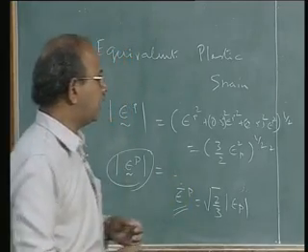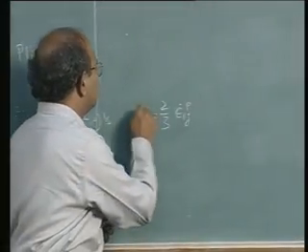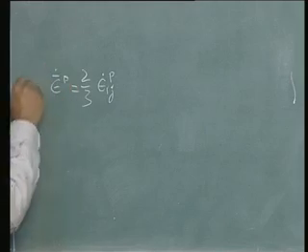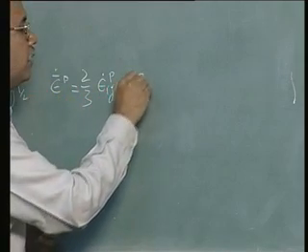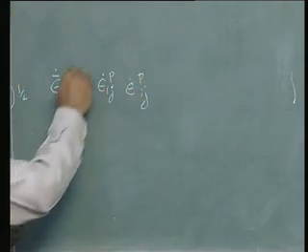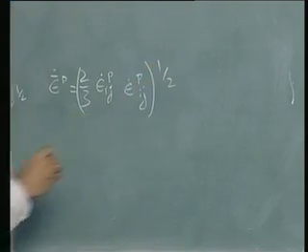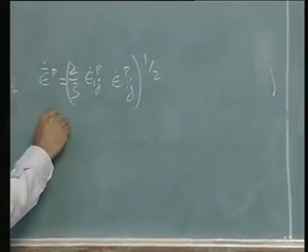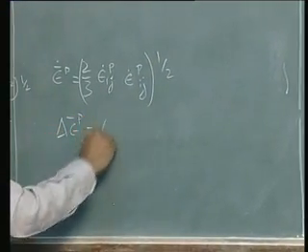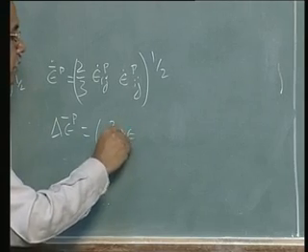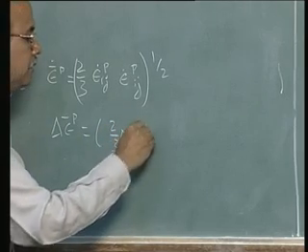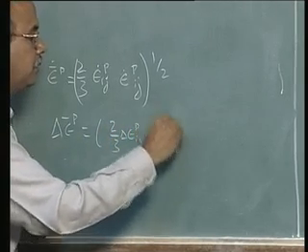Or delta epsilon bar p can be written as 2 by 3 delta epsilon ij p, whole power half.